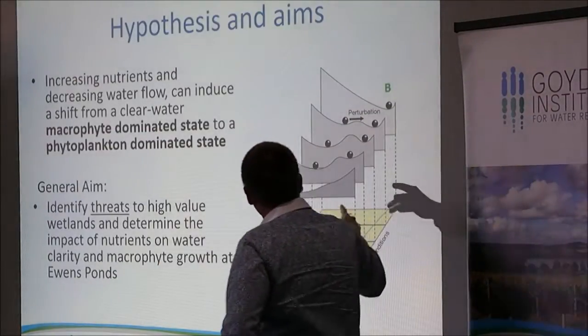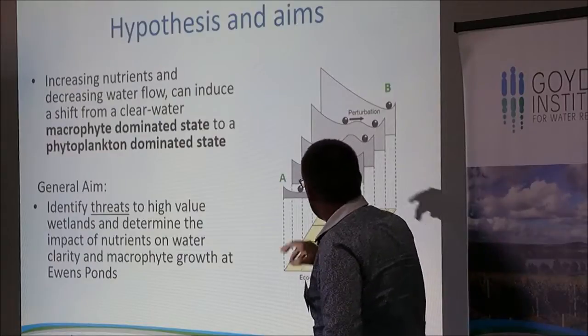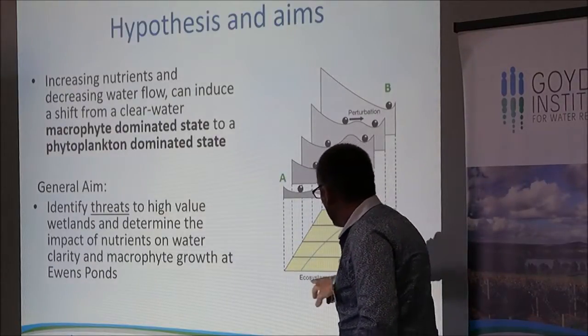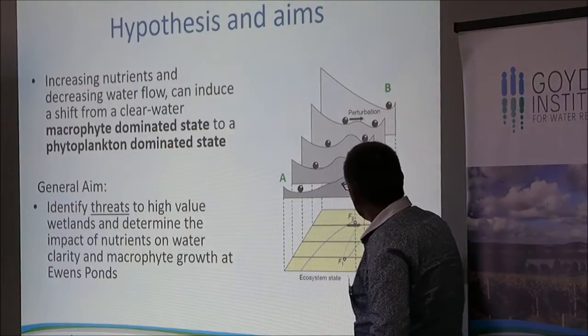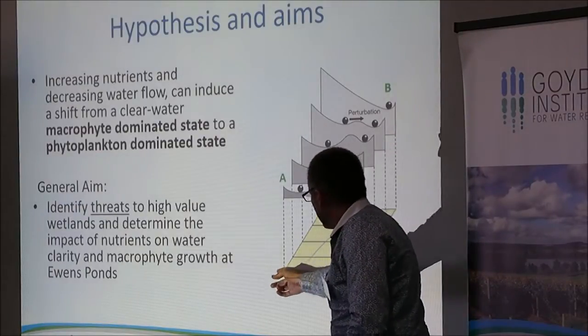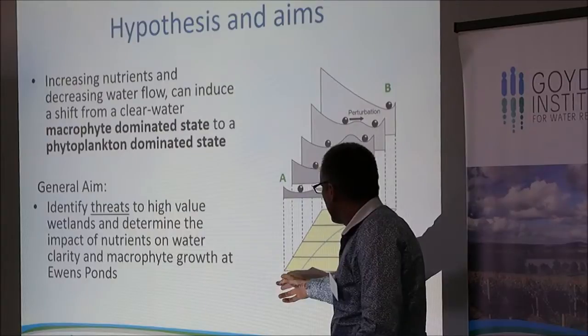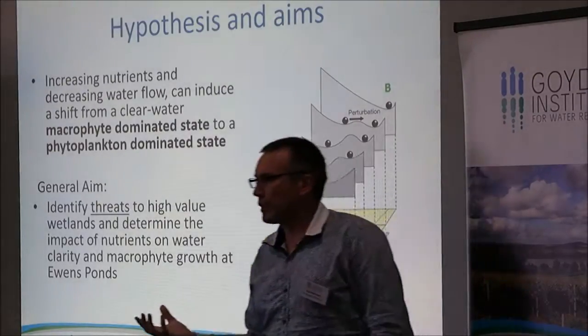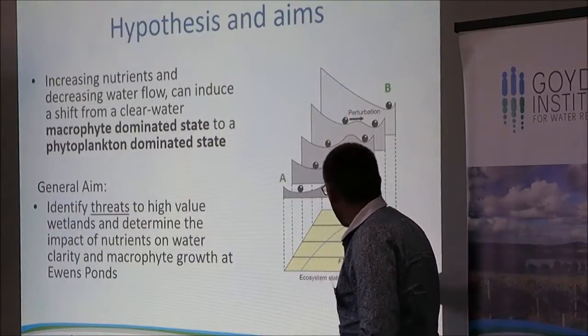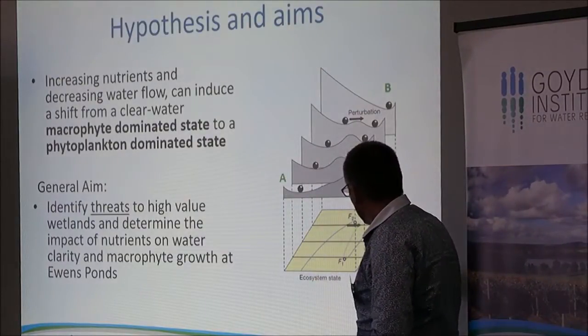And this is the way that the alternate states is viewed, and it says that we've got an ecosystem state here, so you've got state A and you've got state B, and then you've got conditions. In this case state A would be the nice clear water state, macrophyte dominated. State B would be this turbid phytoplankton state, and this would be nutrients.